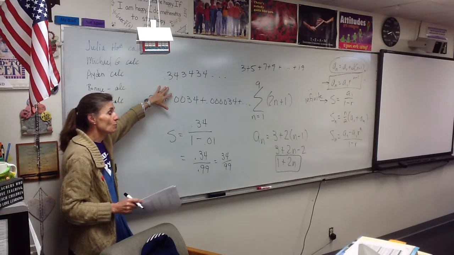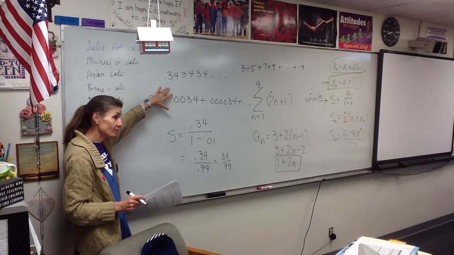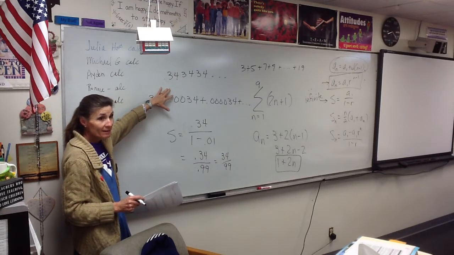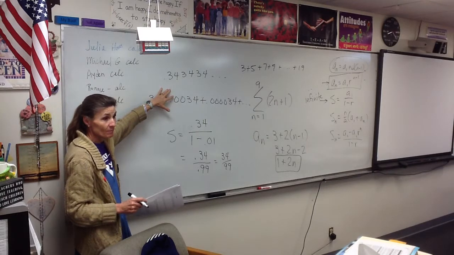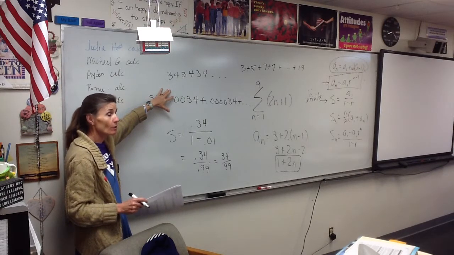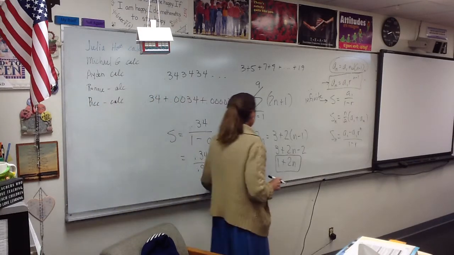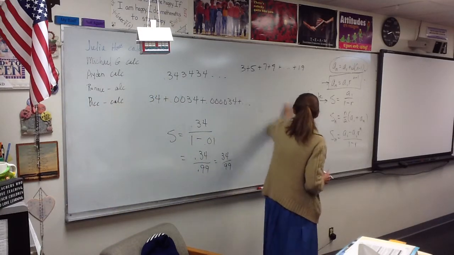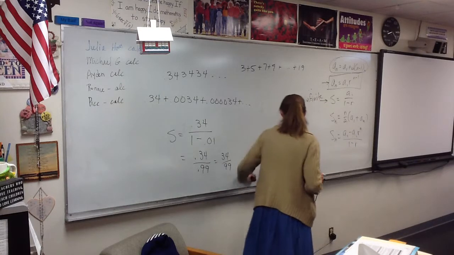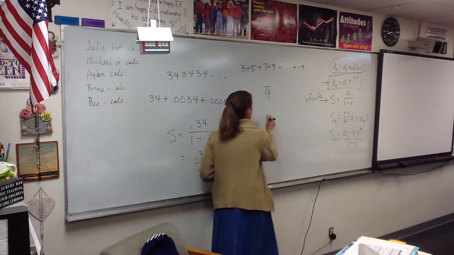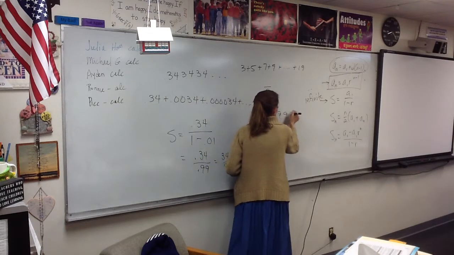Now, those of you who know the math league cheer, part of the math league cheer says, we are number 0.9 bar. Now, what does that mean? Well, 0.9 bar means 0.9999999, right?